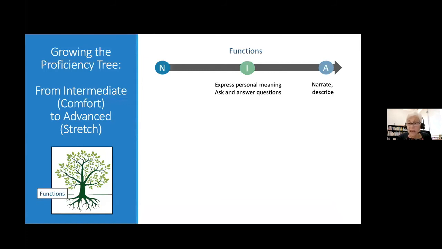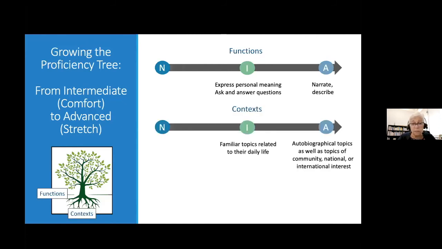So we can't get our students to intermediate high without a focus on advanced. So here are our functions: intermediate, expressing personal meaning, asking and answering questions, and we want to move them to be able to narrate and describe at the advanced level.